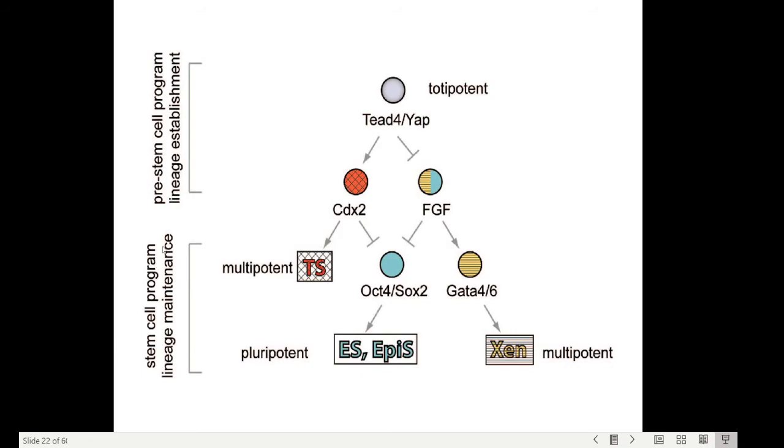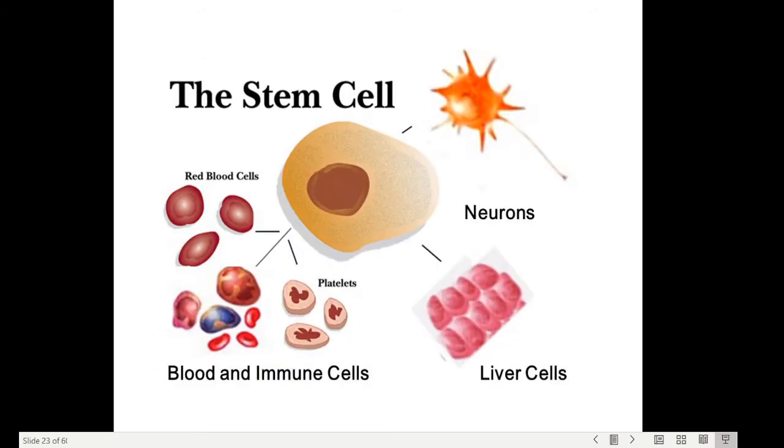After this, the stem cell program lineage maintenance, they are identifying the multipotent cell. The multipotent cell is a TS that can be produced into any type of cell. Okay, next one is that differentiated cells are formed into pluripotent and multipotent. Here cells can differentiate into any organ. Pluripotent cells can develop into specific organs.